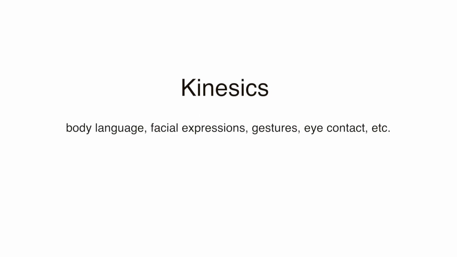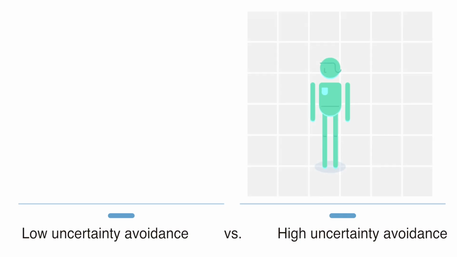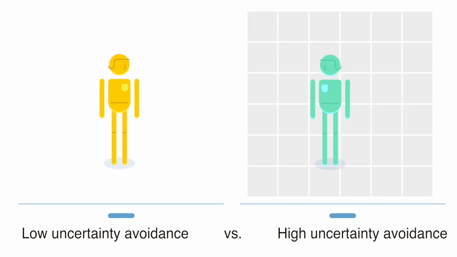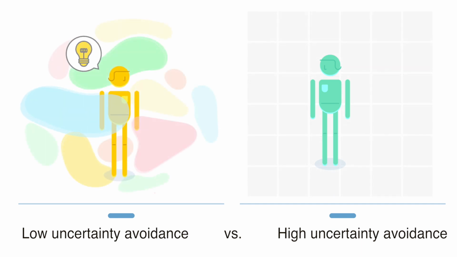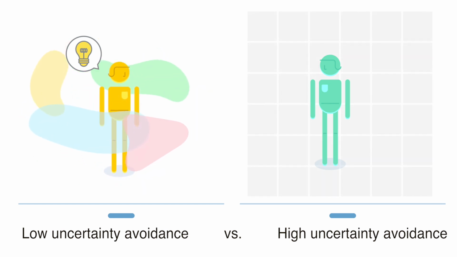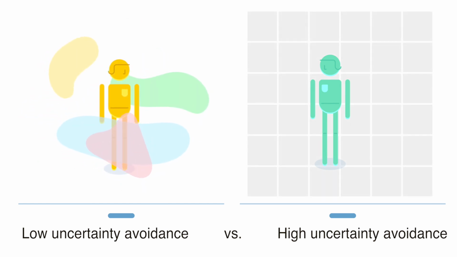The third one is kinesics. This involves body language, facial expressions, gestures, eye contact, and many more things. Remember Hofstede's uncertainty avoidance dimension? In a culture that avoids uncertainty in life, everyone usually knows what to do and which role he or she plays.